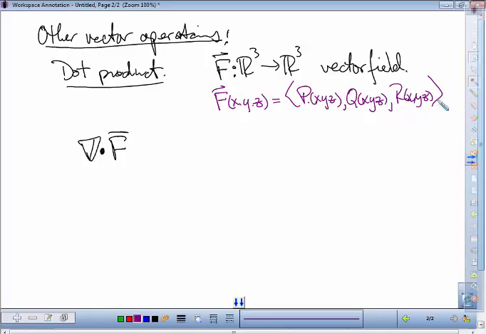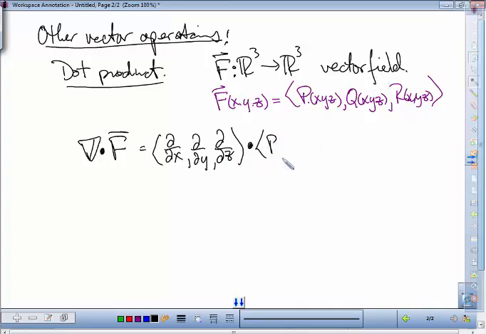All right, so we're going to dot them. Let's write the intermediate step here, where the del operator is the operator of partials with respect to x, y, and z in that order. And then we're going to dot it with, and I'm going to take off the x, y, z here, just say PQR. And so this is really just a partial.